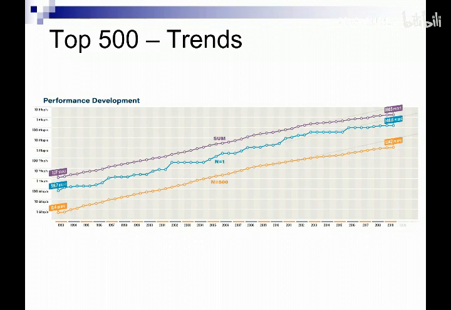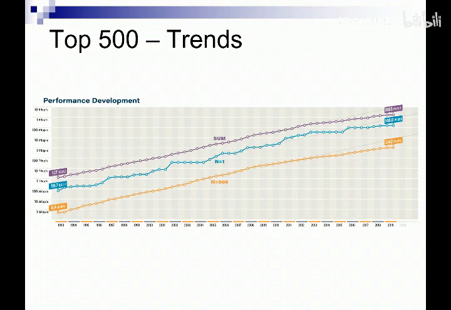And finally, the purple line is the sum of the performance of all 500 computers in the list. If you add up all 500 computers, you get about 1,600 petaflops, or roughly 10 times the performance of the fastest computer.